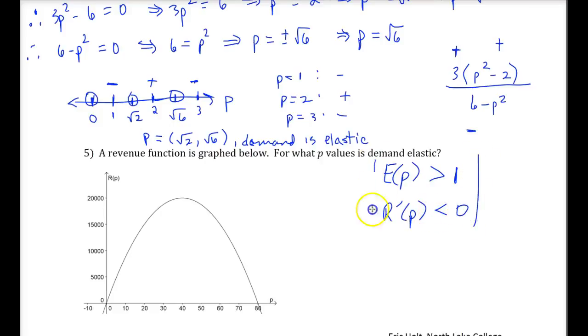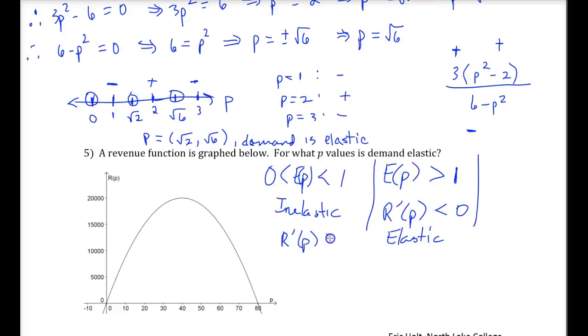We know that if the elasticity of demand is in between 0 and 1, then it is going to be inelastic, which means that the rate of change of revenue is increasing.